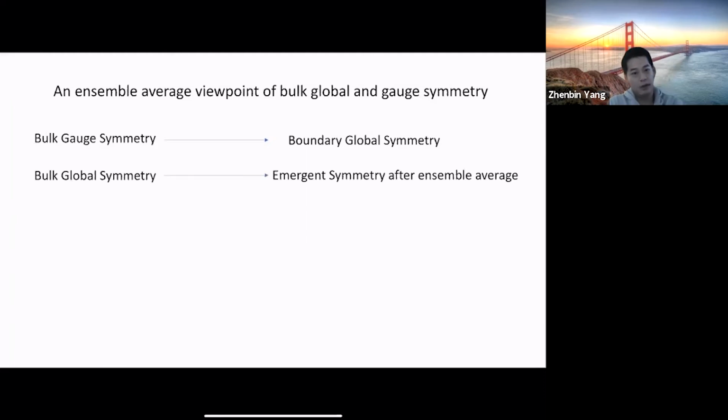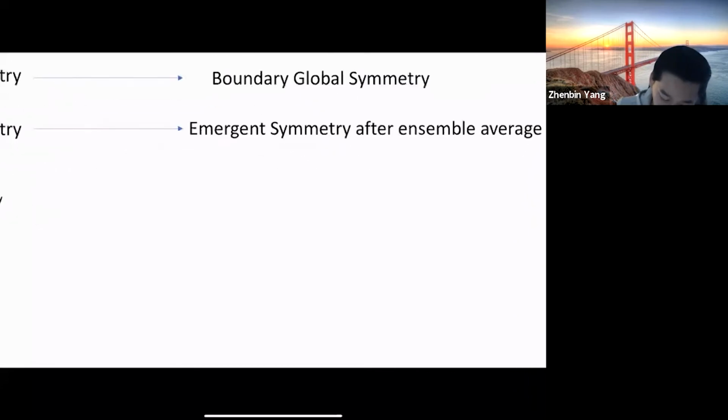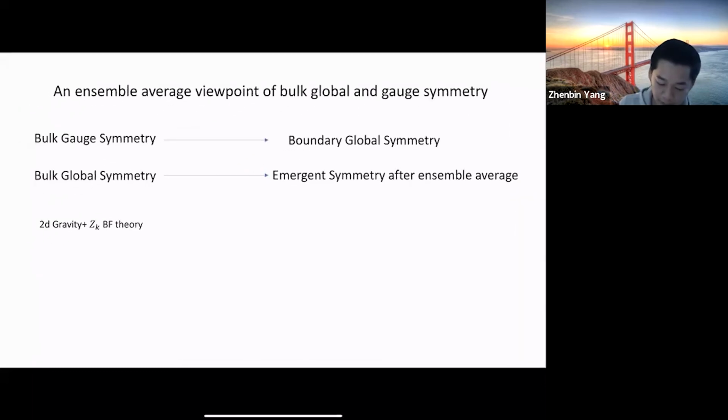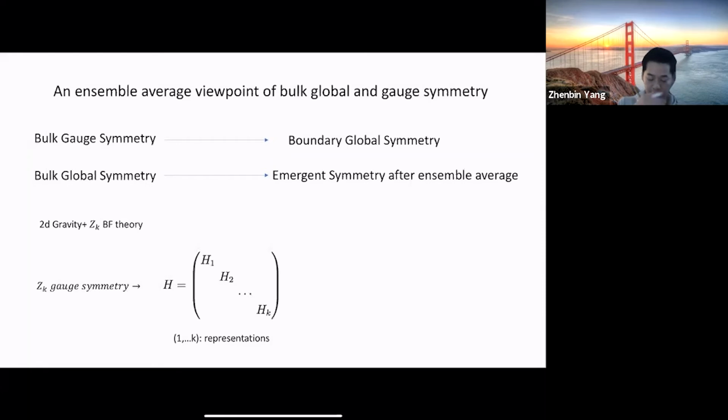But the bulk global symmetry is unclear in the boundary system. Here, in this ensemble average viewpoint, we can interpret the existence of bulk global symmetry as an emergent symmetry after ensemble average. In this 2D gravity plus BF theory model, we can see the following.